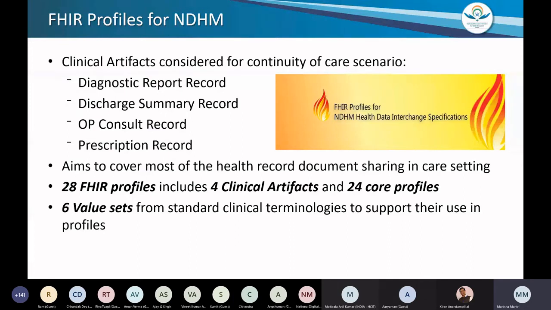To cover these 4 artifacts, 28 FHIR core profiles have been modeled, which include the four clinical artifacts and 4 core profiles. We have also provided certain value sets for standard clinical terminology to support their use case in profiles.